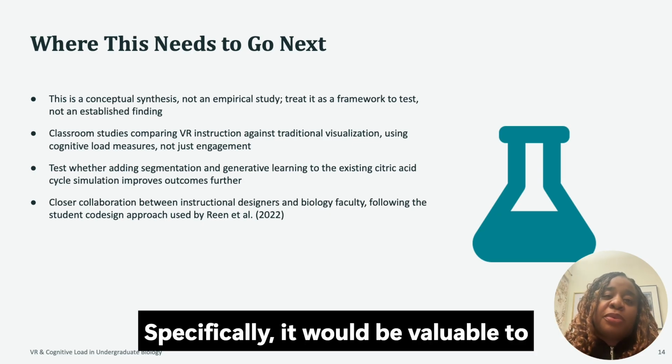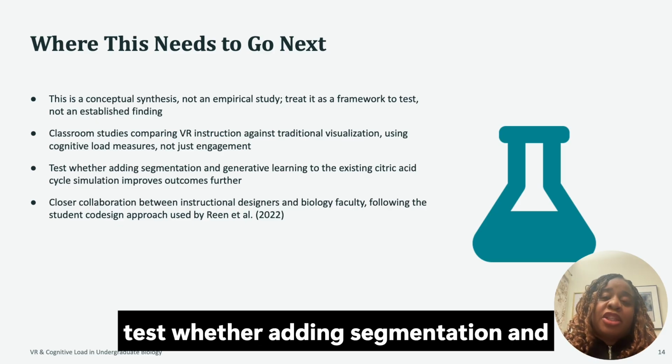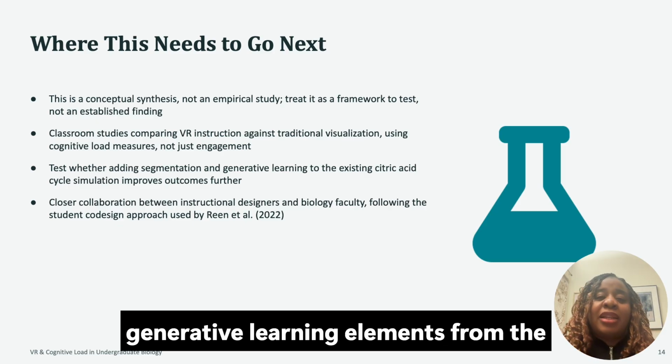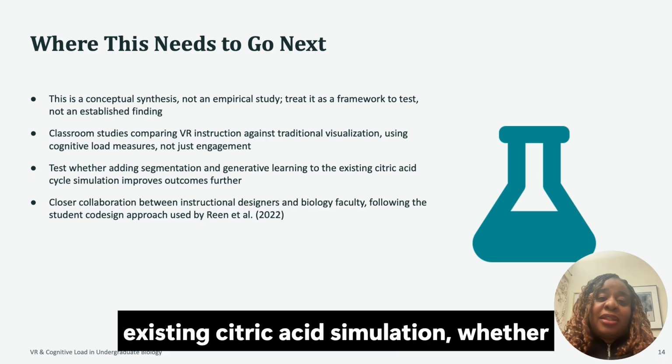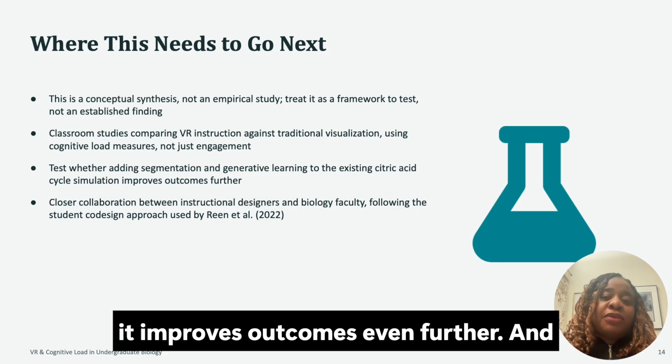Specifically, it would be valuable to test whether adding segmentation and generative learning elements from the Klingenberg studies, like the existing citric acid simulation, improves outcomes even further.